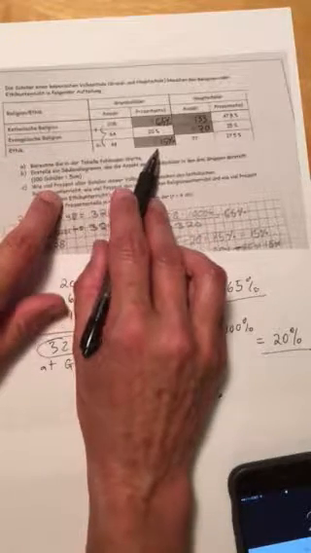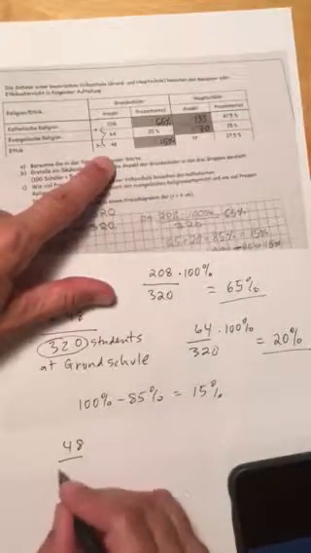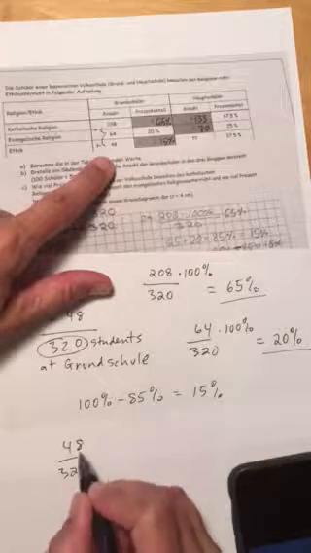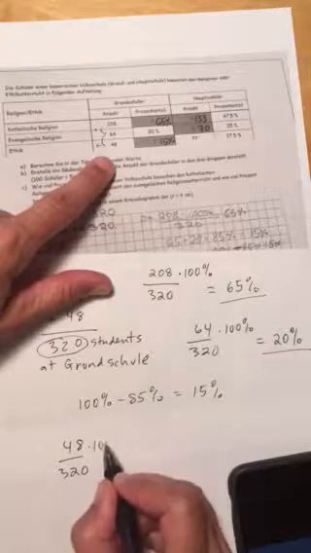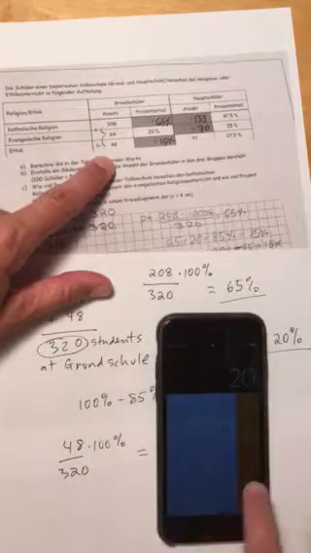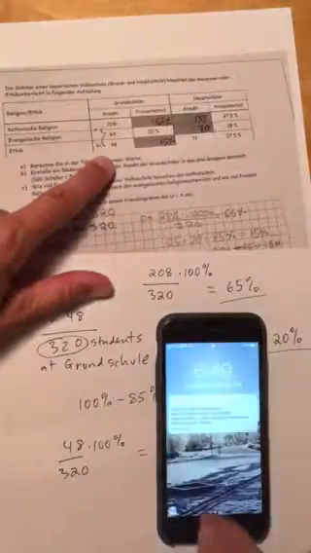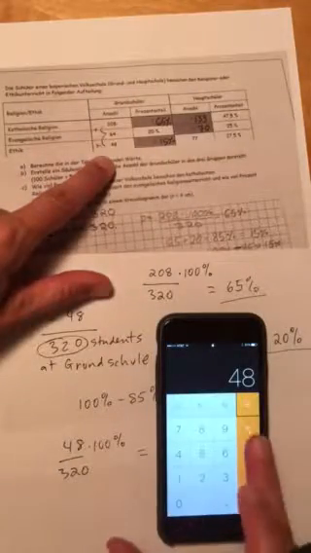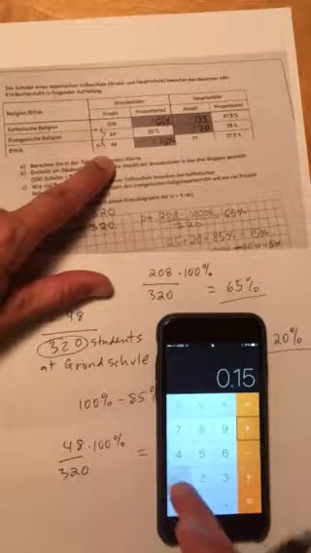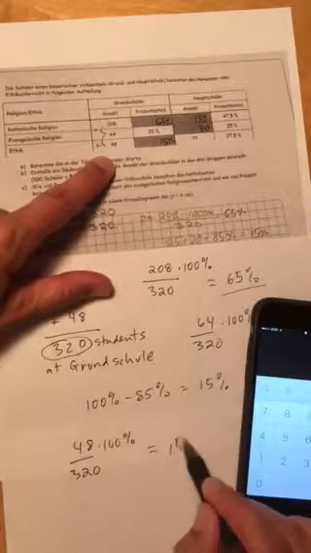And again, we could have done it by saying, what is 48 students taking ethics divided by 320 total? It's going to be a fraction less than 1, so we have to multiply by 100%. 48 divided by 320 times 100 does give us 15%, just as we figured out it should be.